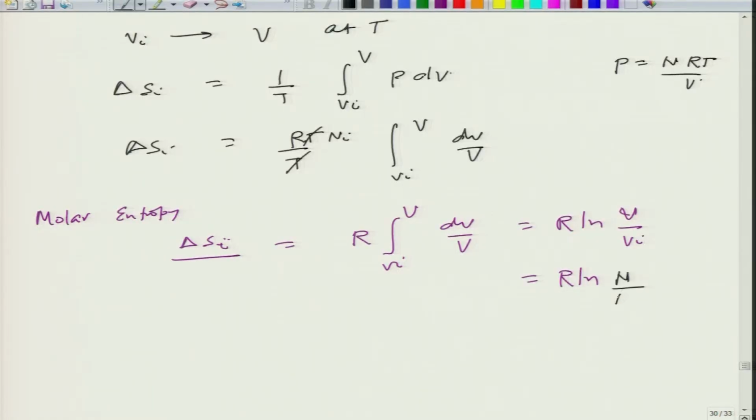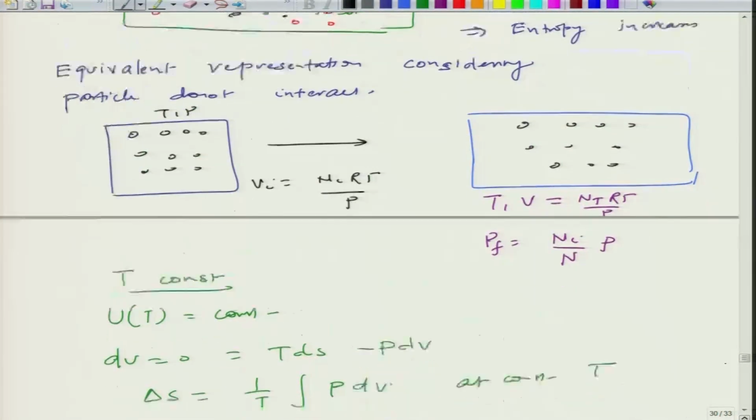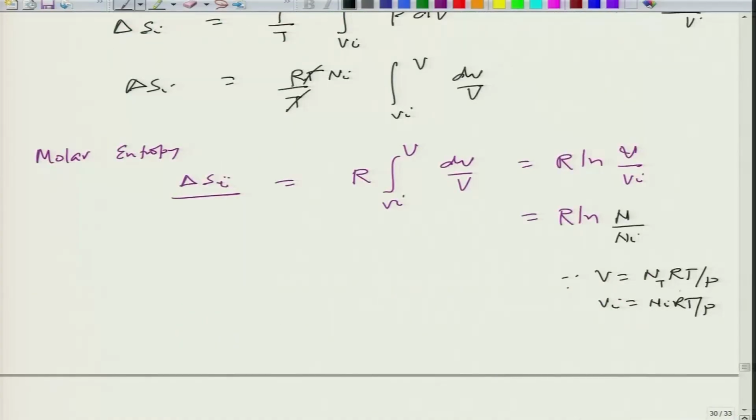When we connect this V here, total number of moles divided by N_i, this essentially comes from the fact that V is n_total RT by P, and V_i is N_i RT by P, for the same pressure.